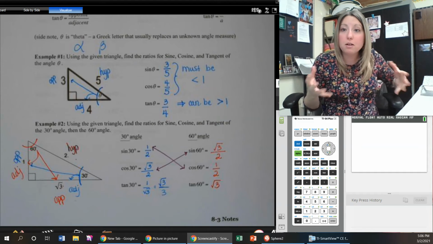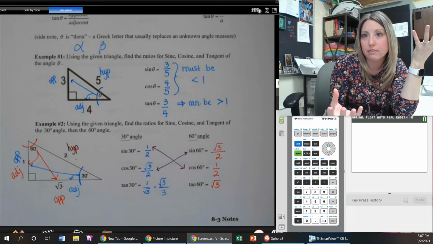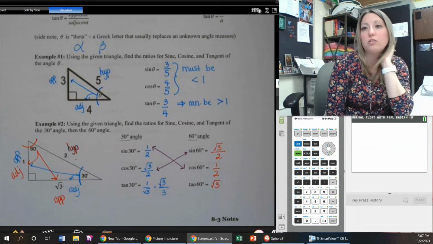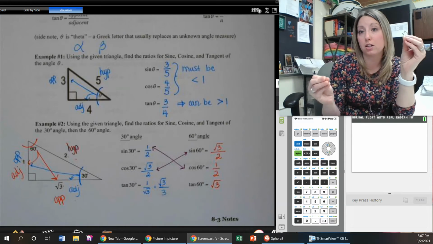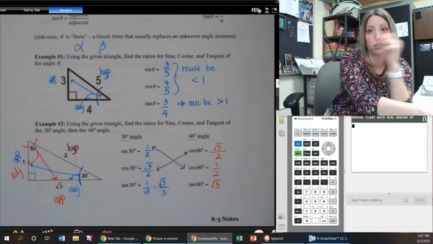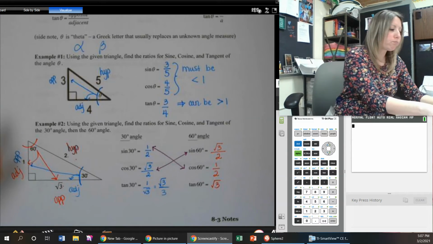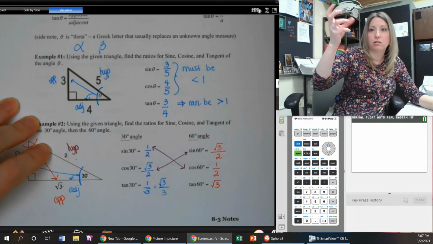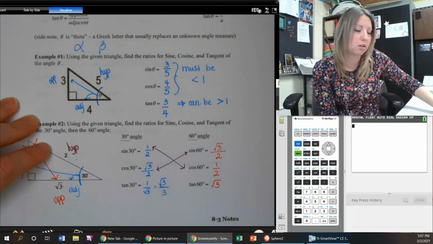But again, because we are in the same triangle, we are going to have that happen. So keep those relationships in mind in case you're ever asked about which relationships are equal to each other: opposite angles with the sine and cosine. That's what's going to be equal.